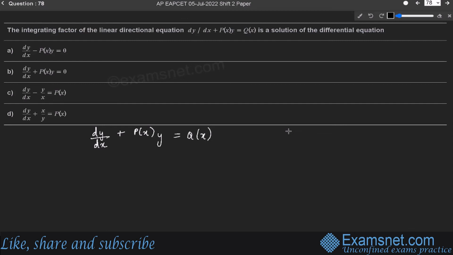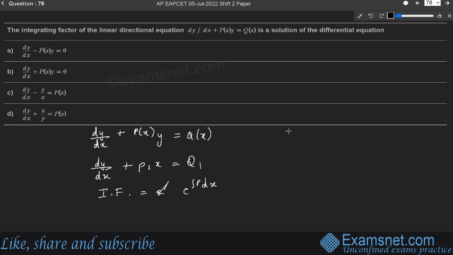So the given differential equation can be written in the form dy by dx plus p1 x is equal to q1. So its integrating factor, IF, will be equal to e to the power integral of p dx.